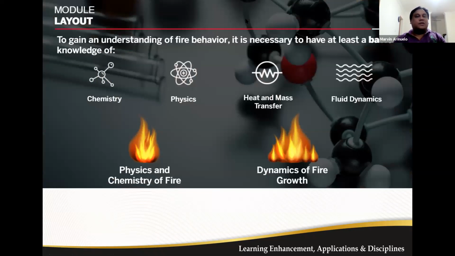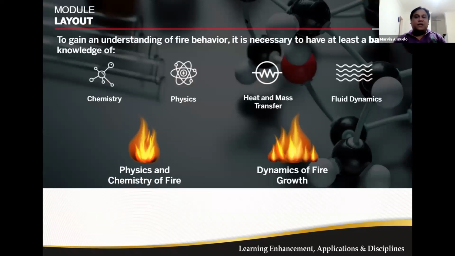Let us discuss fire behavior, and in order to understand it, it is necessary to have at least the basic knowledge of the following: chemistry, physics, heat and mass transfer, fluid dynamics, especially the physics and chemistry of fire and the dynamics of fire growth. And we know that fire is a very complex phenomenon.